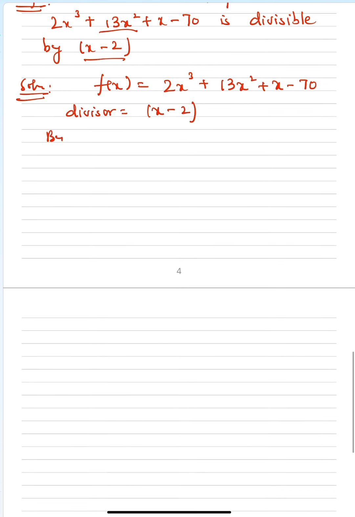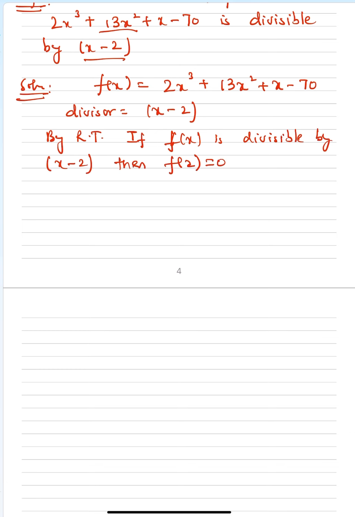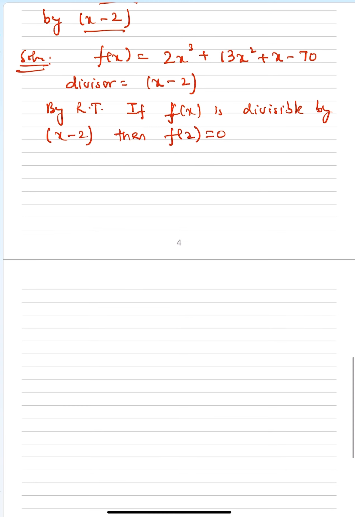So by the remainder theorem, what will I say? If f of x is divisible by x minus 2, then f of 2 should be equal to 0. Then only we can say it is divisible by x minus 2.